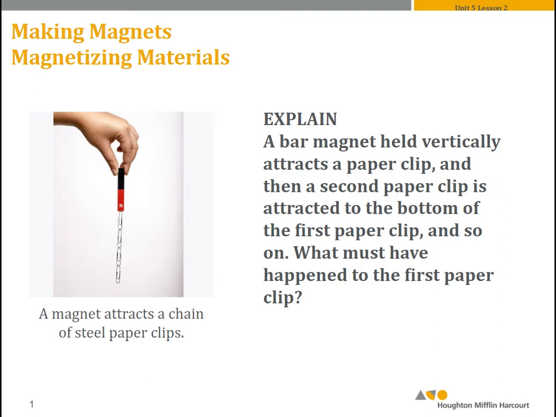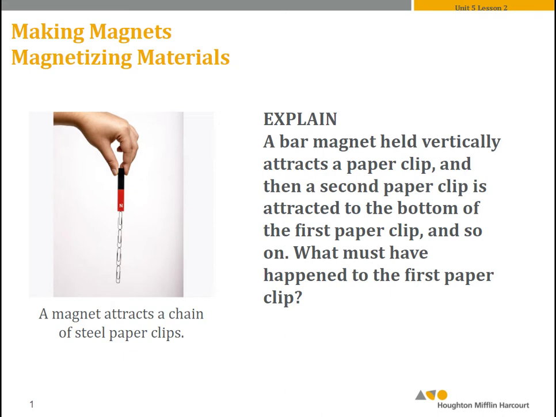Steel has iron in it, and so the magnet is attracted to the iron in the steel. But think about this. Let's say each of those paper clips is an inch long. If you put a paper clip 3 inches away from this bar magnet, like the bar magnets that we use in class, it would not have enough force.